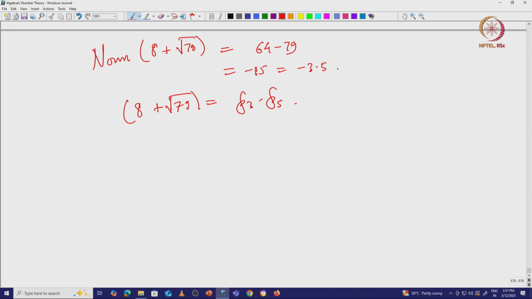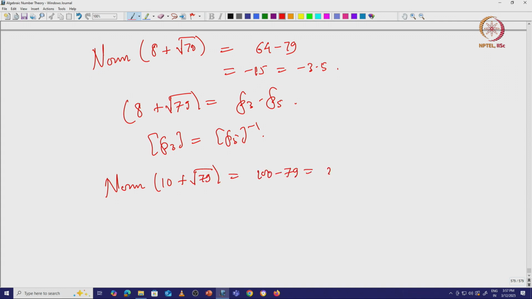And so we can rearrange these things and assume that this thing is P3 times P5. So P3 is P5 inverse. And the norm of 10 plus square root of 79 is 100 minus 79, which is 21, which is again 3 times 7.